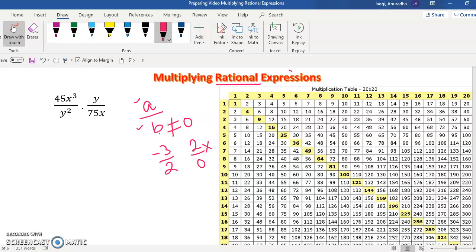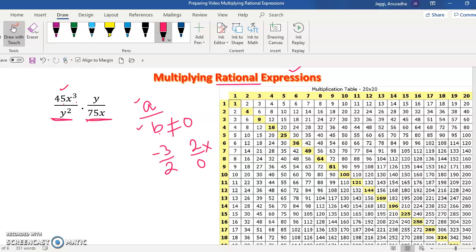Coming to the word expressions, when in addition to numbers there are variables, like in this case there are numbers and variables here. This is a monomial, it could be a polynomial. So expressions have numbers and variables and signs like addition, subtraction, all put together. But at the same time, if it is a rational expression, the restrictions are the same. The denominator at any cost should not be equal to 0.